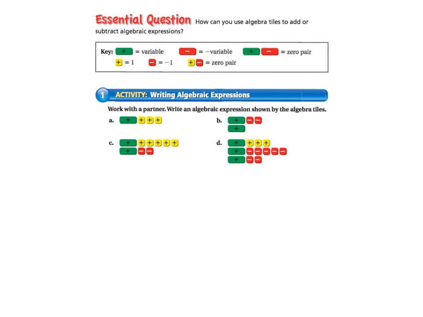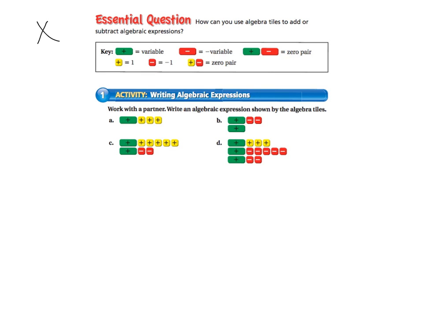So if we look here, we need to understand what the algebra tiles represent before we can use them. We can see right here that a variable is a plus, and that is a positive variable. So, for example, in an expression, we would see that positive variable as an x.